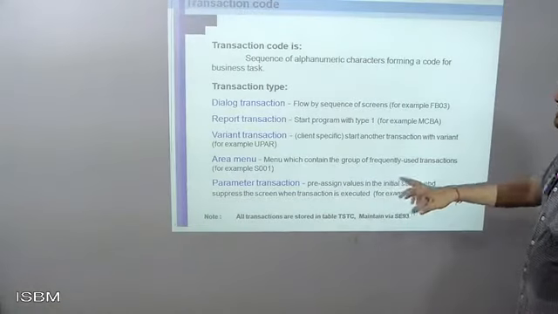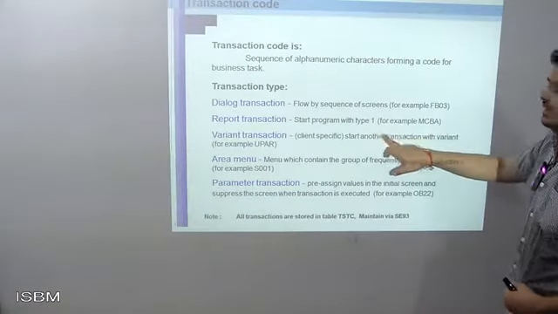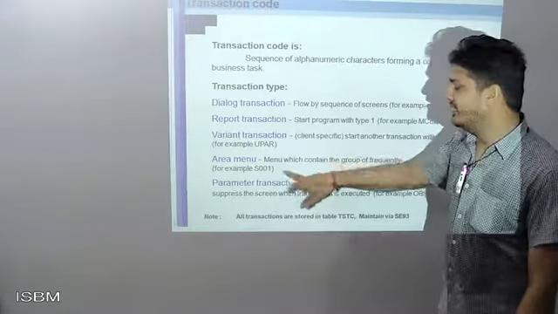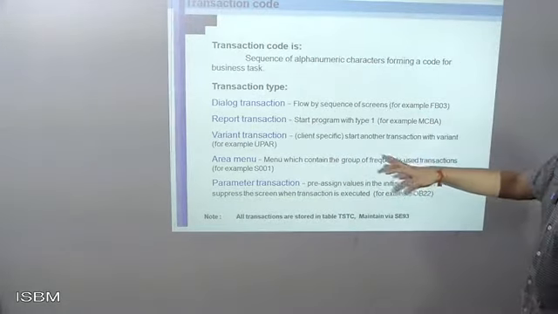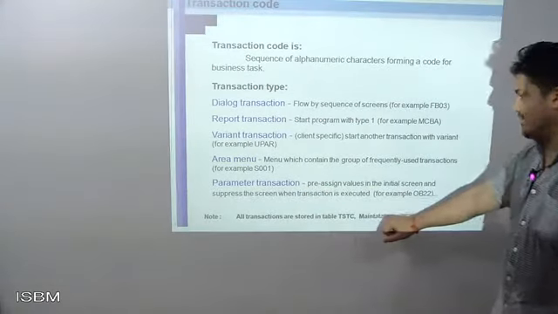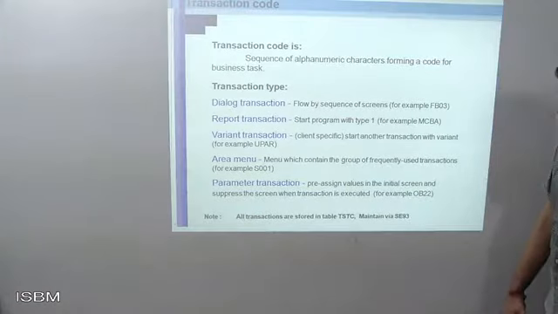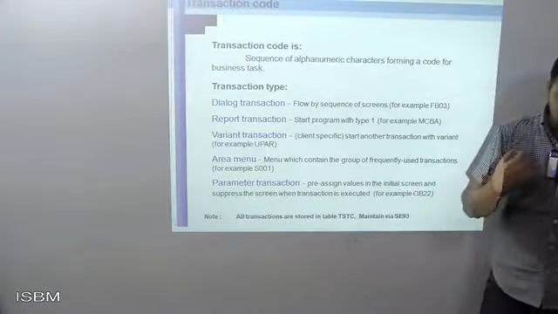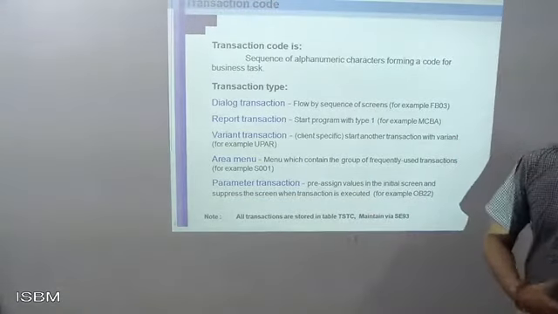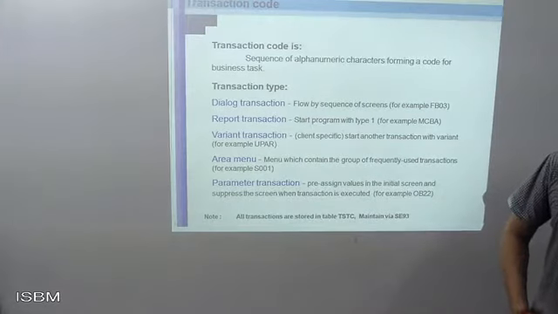In the report transaction, which starts a program with type 1, an executable program, you can write MCBA. Then we have the variant transaction, which is client specific, for example UPAR, then the area menu S001, then the parameter transaction OB22. So there are different kinds of transactions. If you want to create your own transaction, there is the screen SE93. With its help you can create your own transaction for any customization.